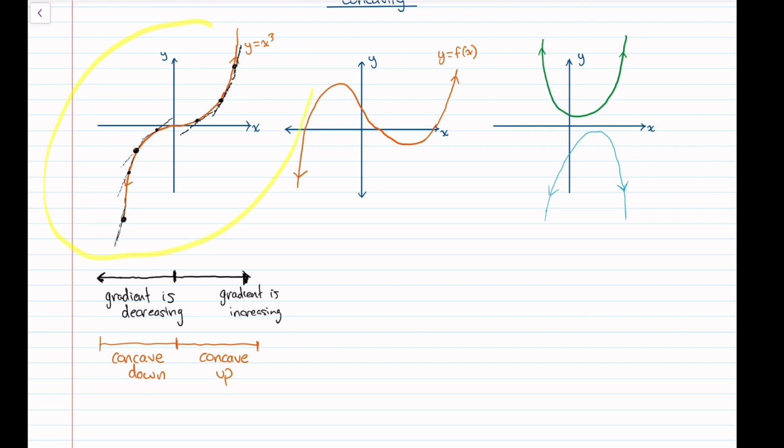Now, we're still looking at this graph here. At this point where we have a stationary point, that is the exact point where the concavity changes. That point is called a point of inflection.